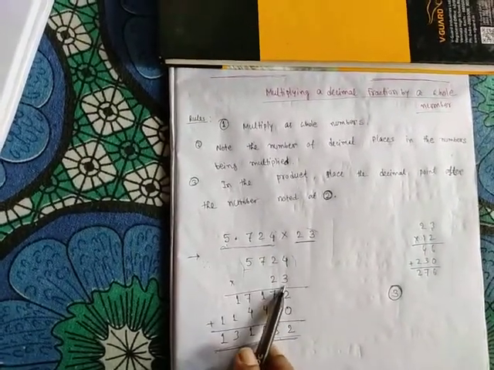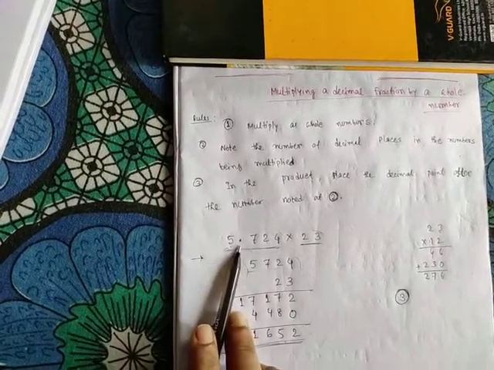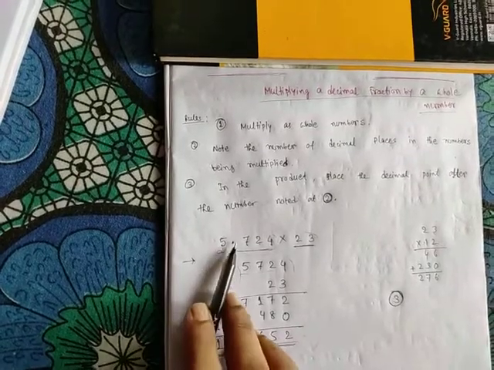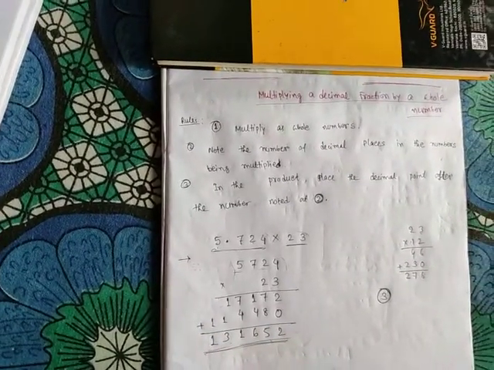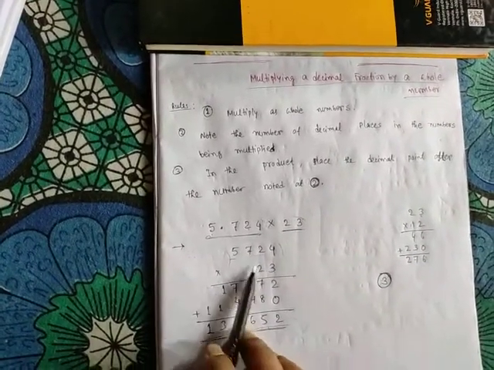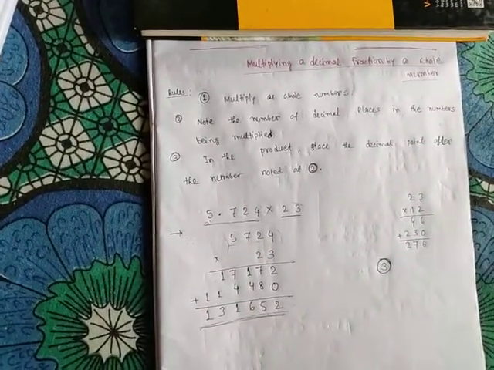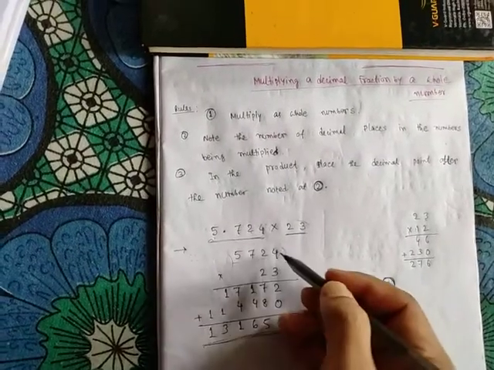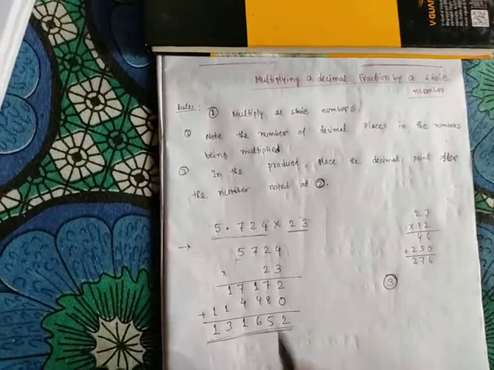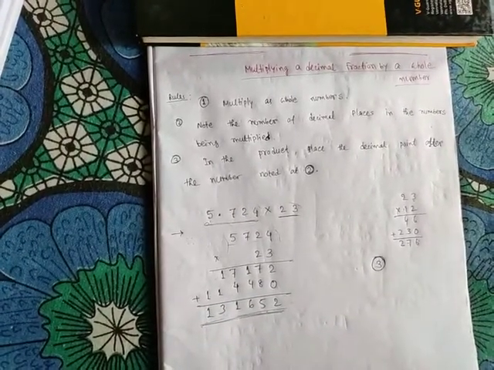During the multiplication I omitted the point for some time and did the multiplication without it. That means I have done the multiplication as whole numbers.